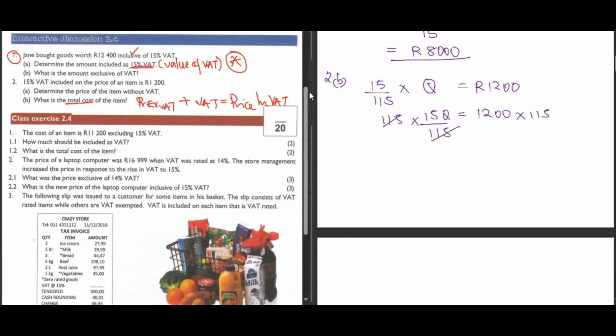So you remain with 15Q, which will equal 1,200 times 100, so you have 138,000. So we divide through by 15, and the number that you're looking for will be 9,200. This is the first method that you can use.